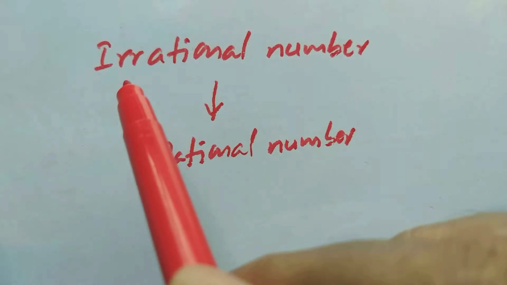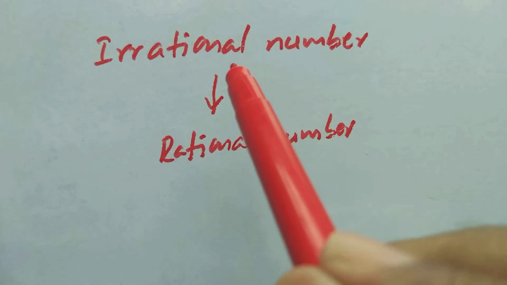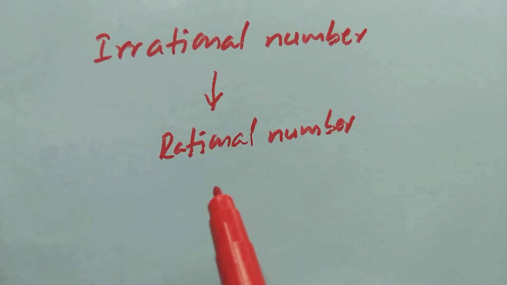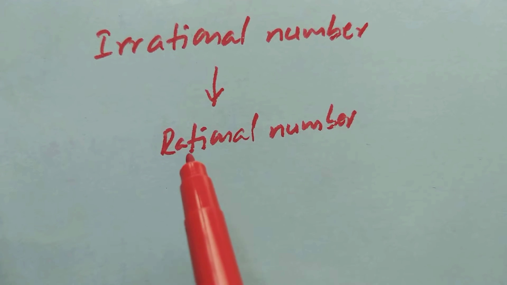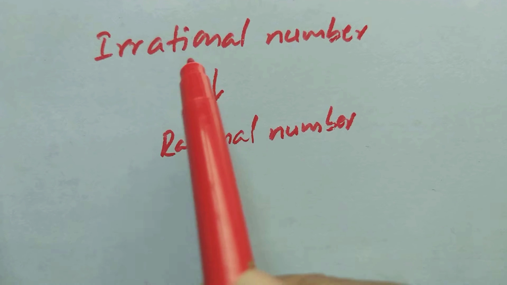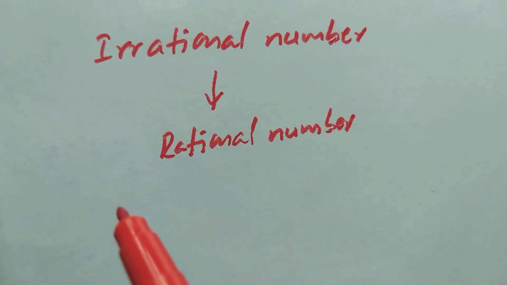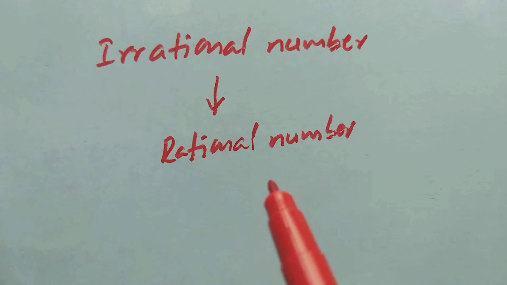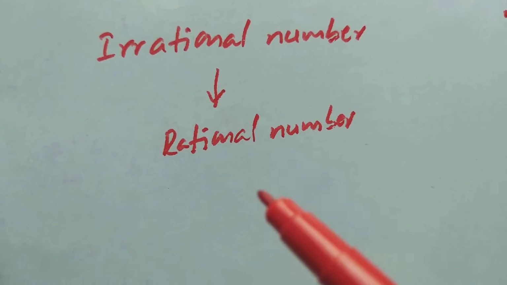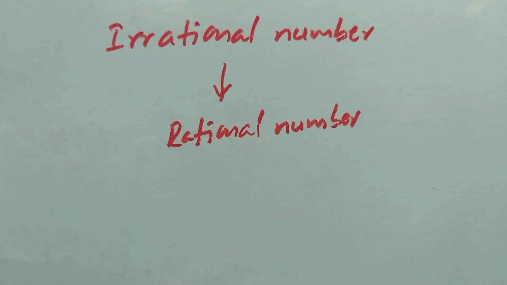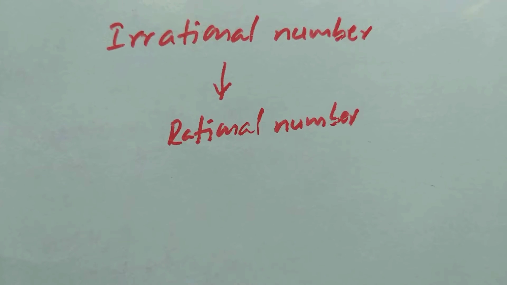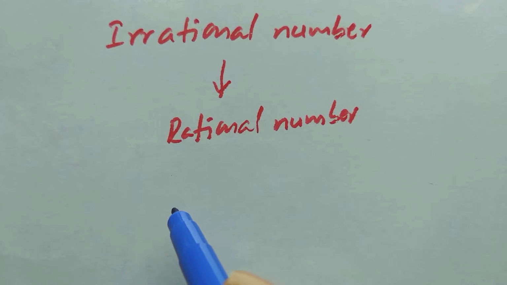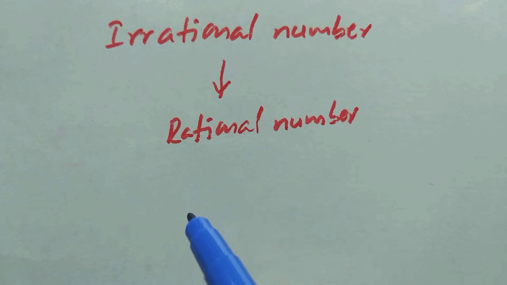Which is an irrational number is surely not a rational number. Which is a rational number is surely not an irrational number. So if you want to know the irrational number, you need to know what is a rational number. We know the numbers, integers.